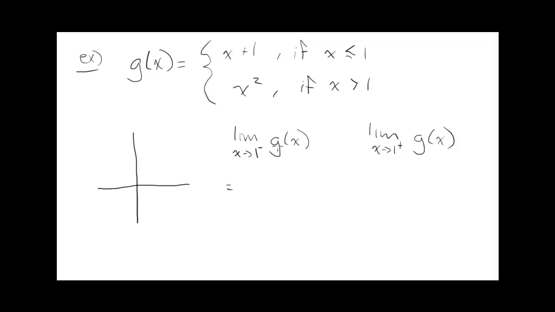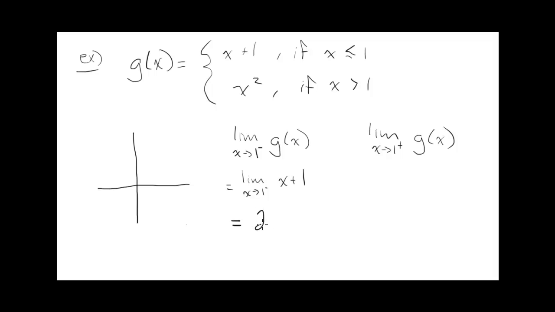So, from the left, which piece am I going to be traveling along if I'm going to 1 from the left? Well, 1 from the left means numbers smaller than 1, so I'm going to be looking at this piece. So it's going to be the limit as x goes to 1 from the left of x plus 1. And if you had to do your chart, you'd be taking numbers a little bit less than 1 and subbing them into there.